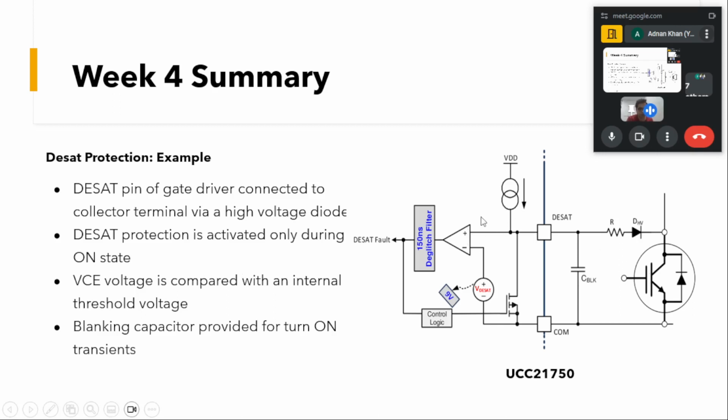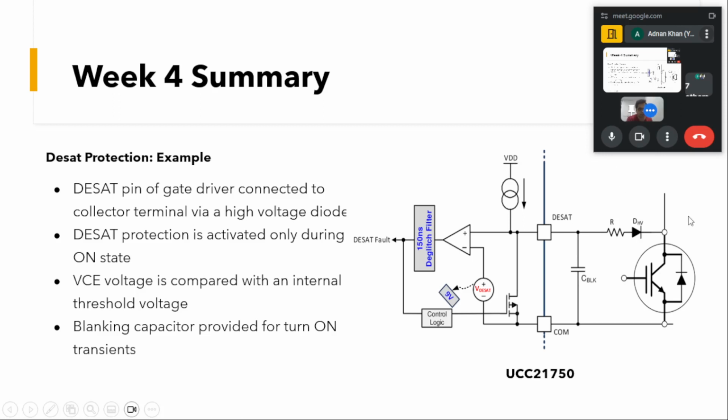And we have a comparator circuit and some preset voltage, which we call VDSAT, here given as 9 volts. Whenever the voltage at this DSAT pin is greater than this 9 volt preset DSAT threshold voltage, our DSAT protection will get triggered. So how is this done?